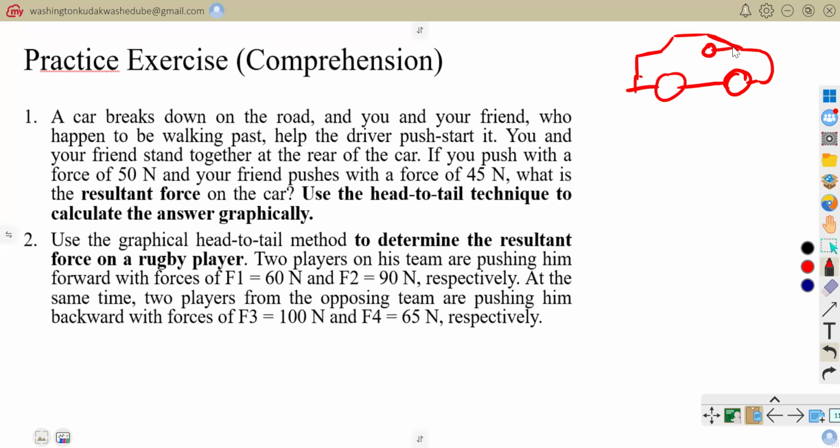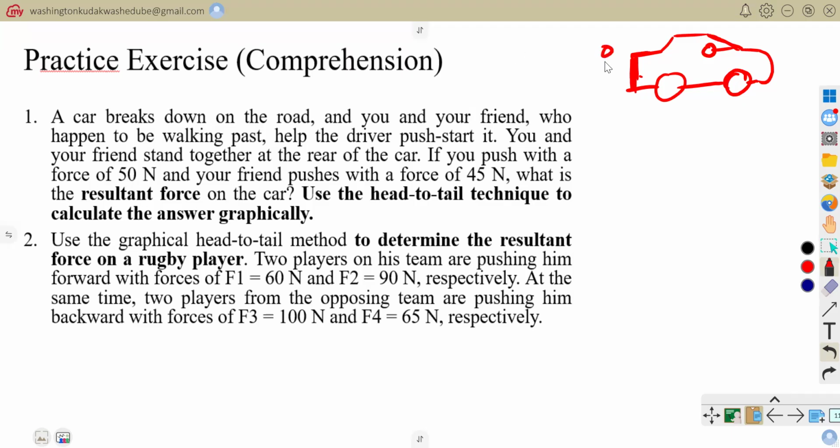So this is my car. A car breaks down on the road, and you and your friend who happen to be walking past help the driver to push start it. You and your friend stand together at the rear of the car, behind here, and you push with a force of 50 newtons.